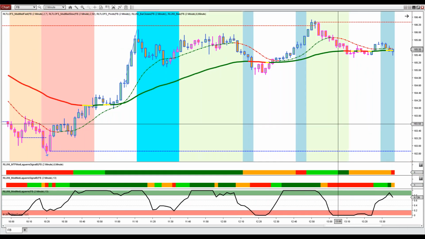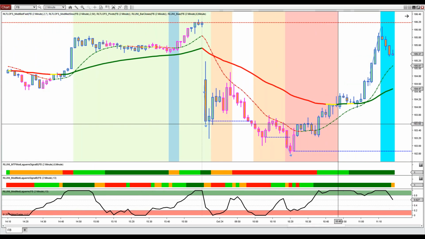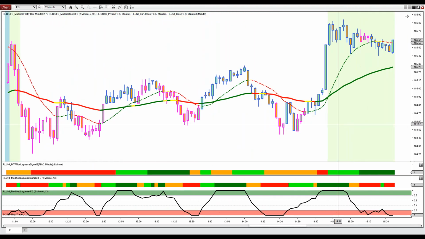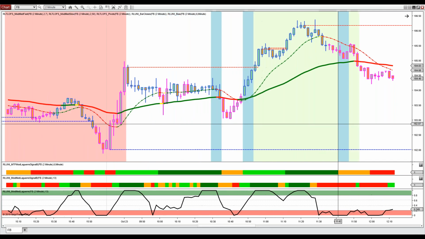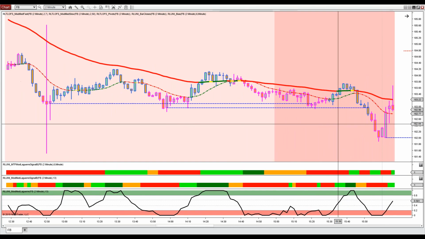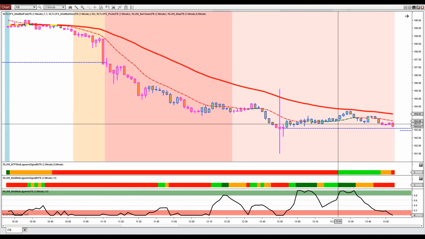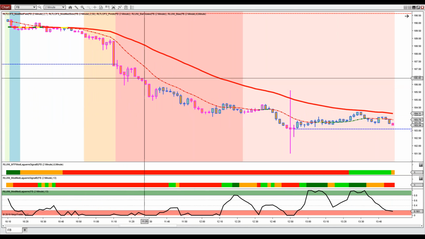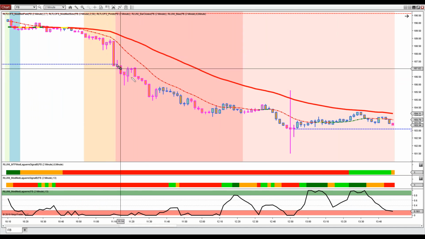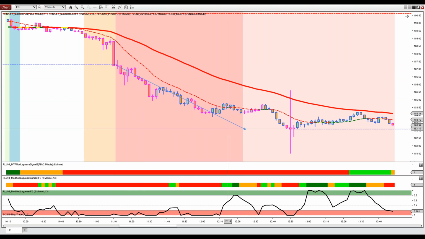Facebook is just, there's nothing to trade today on it. Let's go back a couple of days. And here's your trade. Pivot break and move down.